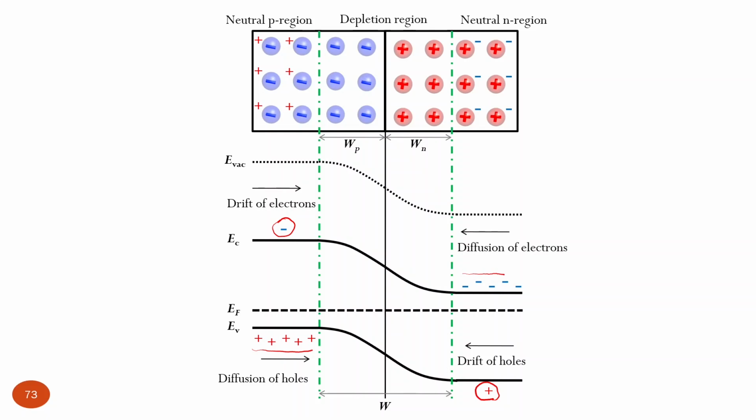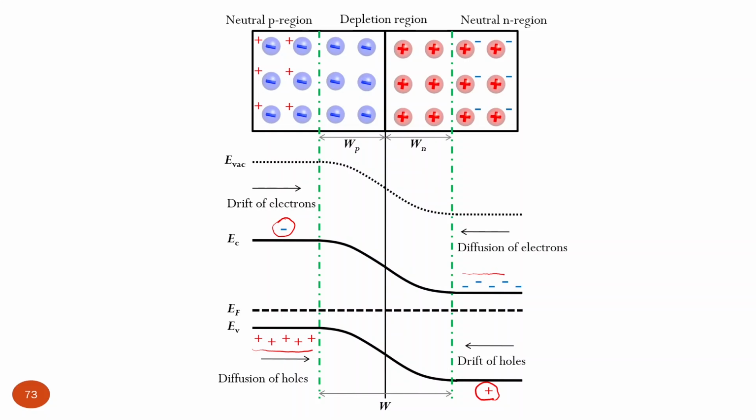At thermal equilibrium we have a flat Fermi energy all over the p-n junction, and the diffusion currents of majority charge carriers are compensated by drift currents of minority charge carriers. So they are both small.